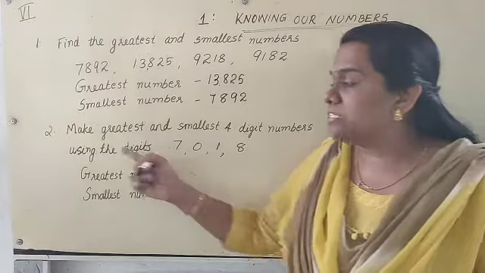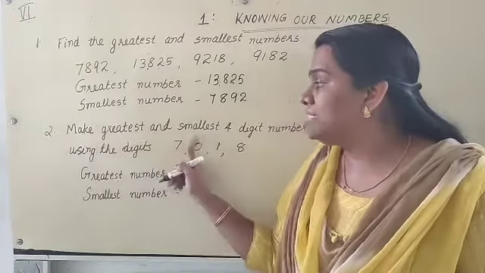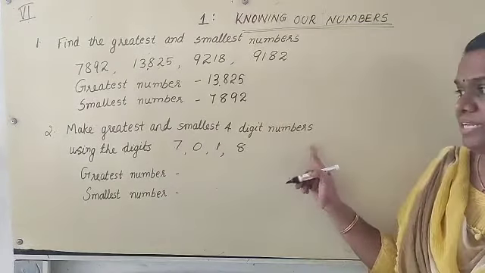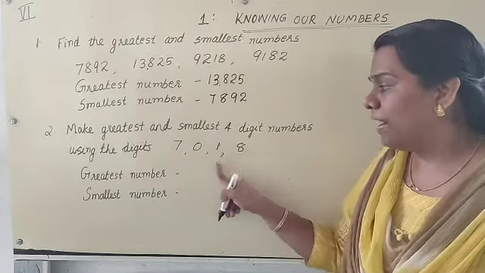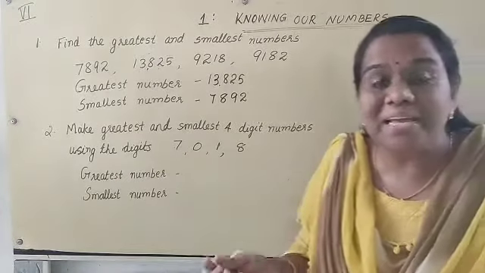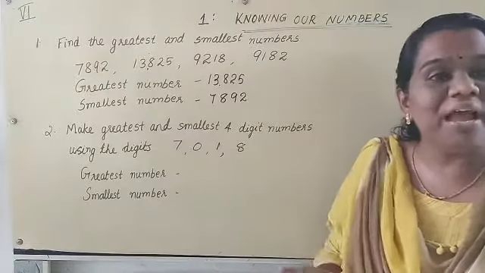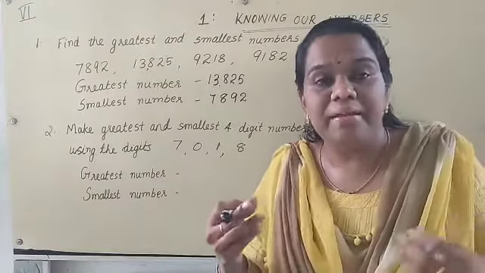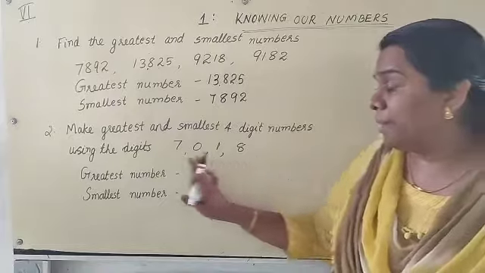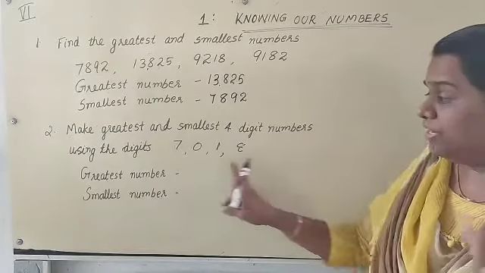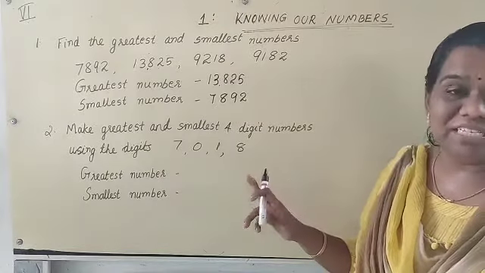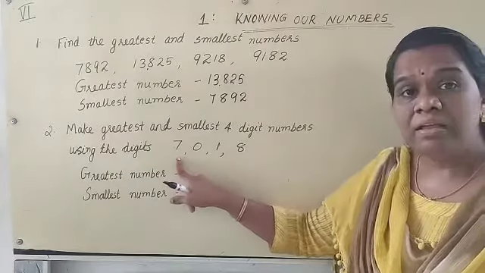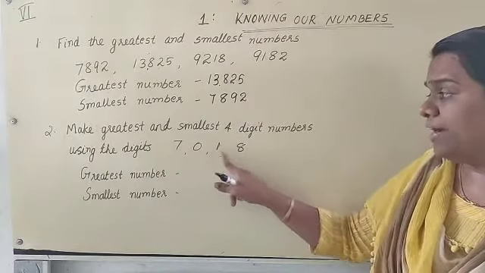Next, we can make the greatest and the smallest 4-digit numbers using the digits 7, 0, 1 and 8. First we make the greatest number. We have to find the largest digit among the given digits. First is 7, then 0, 1 and 8.